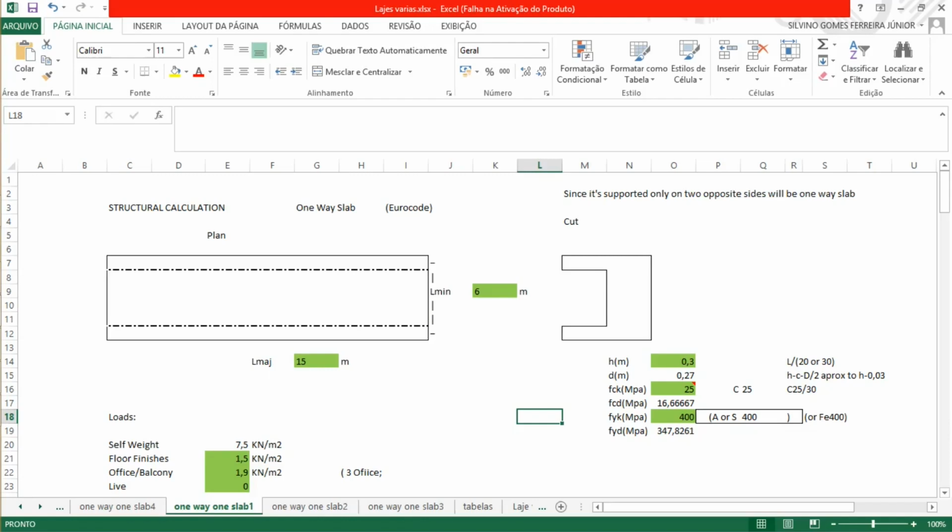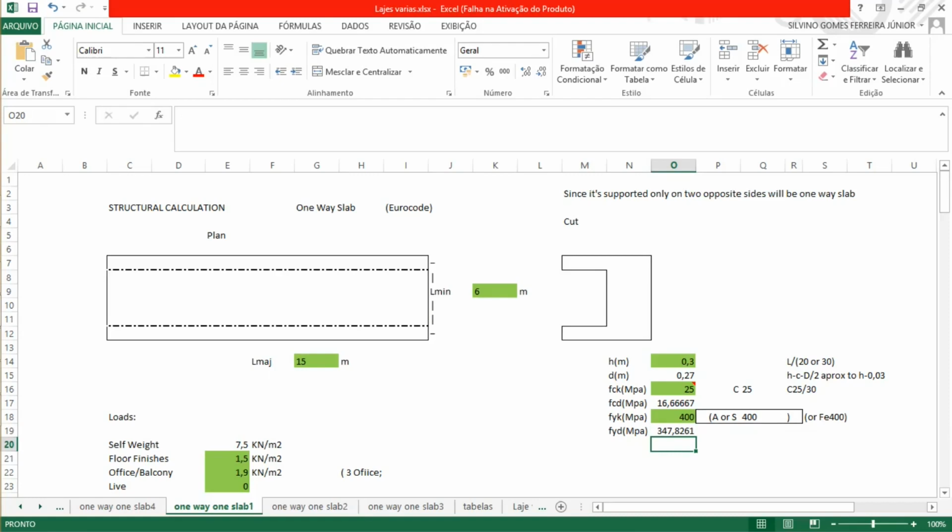So the characteristic value of the tensile strength for this iron will be 400. To get the fyd we have to use a safety factor of 1.15, which gives us 347 megapascals.